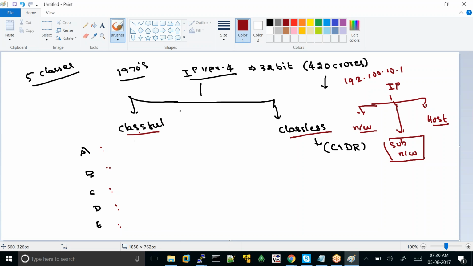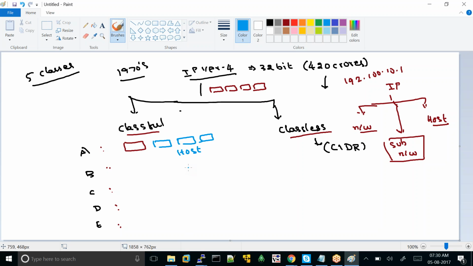For the classful addressing scheme, as I told you, IP version 4 contains groups of 8 bits called octets, and we have 4 such octets. In class A, the first octet is dedicated to network and the remaining 3 octets are dedicated to host.